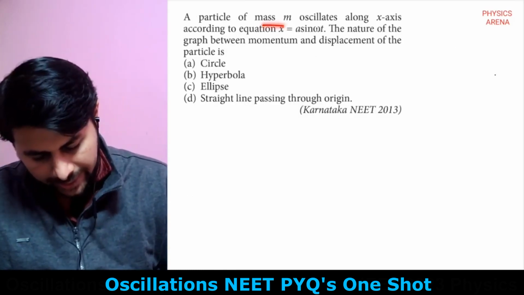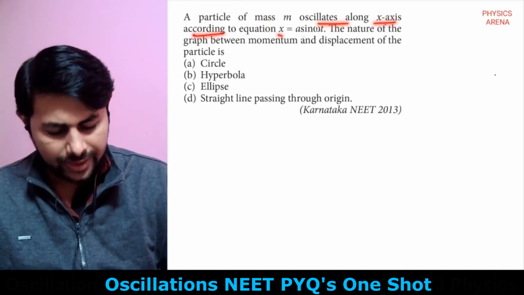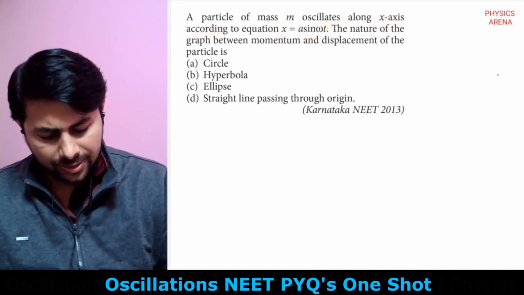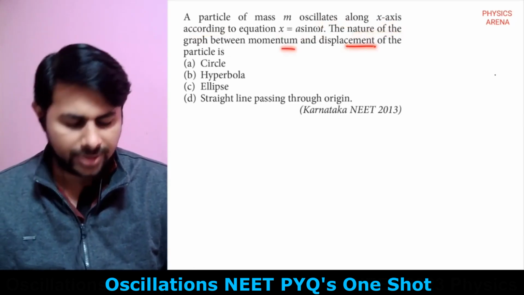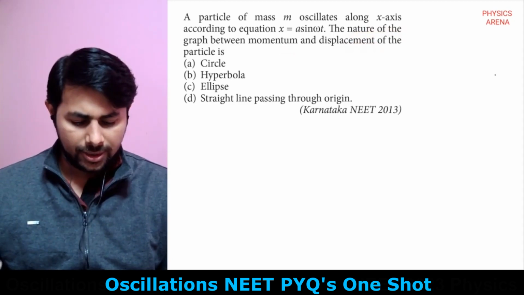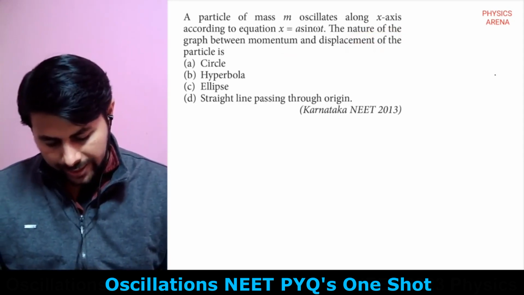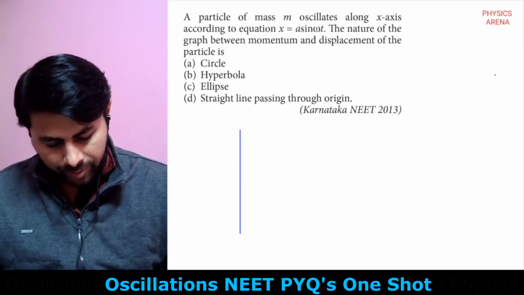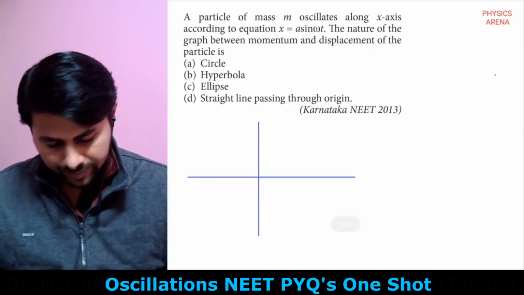The particle of mass m oscillates along x-axis according to the equation x equals to a sine omega t. The nature of the graph between the momentum and displacement. We want the graph between momentum and displacement. That is, on y-axis we'll plot momentum, on x-axis we'll plot displacement.